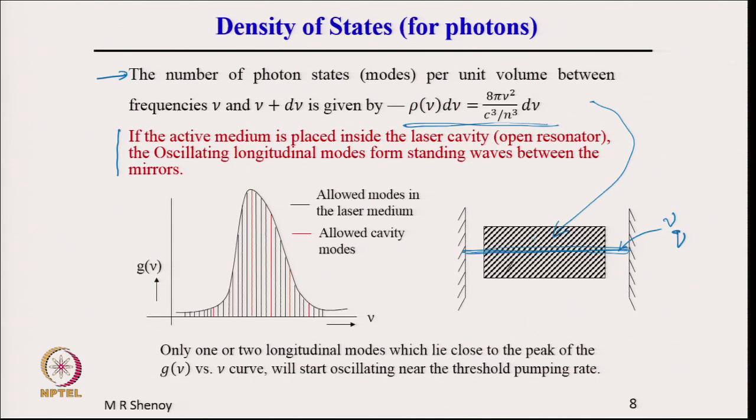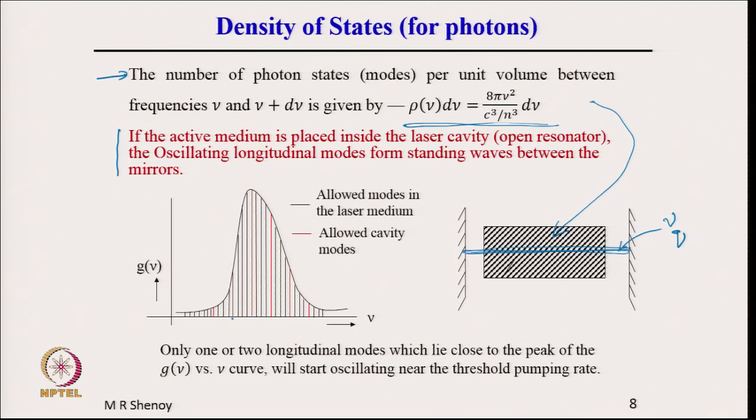The other mode is determined by the medium here. So, this is the density of states in the medium, and the longitudinal modes or cavity modes are determined by the resonator, and the resonator modes are shown here. So, they are shown by a different color.